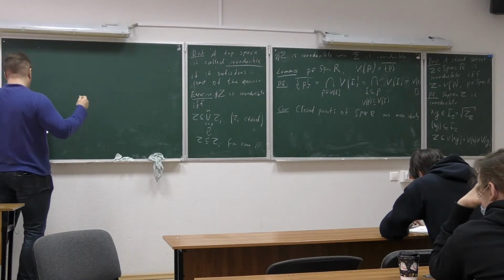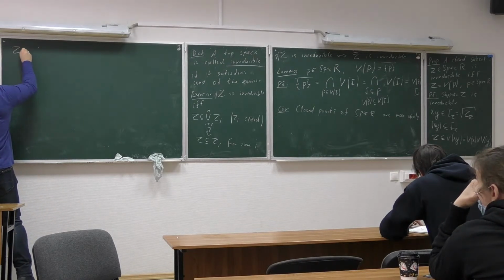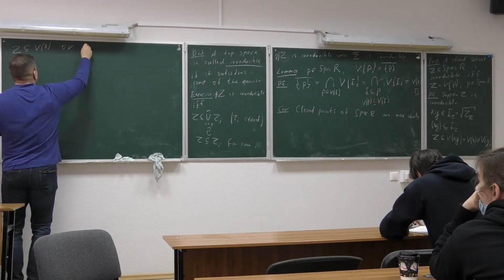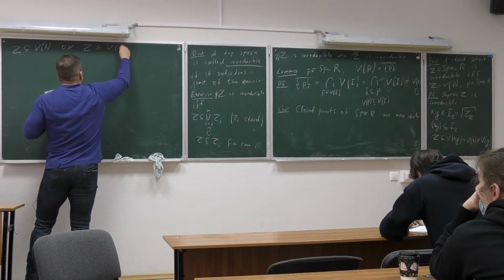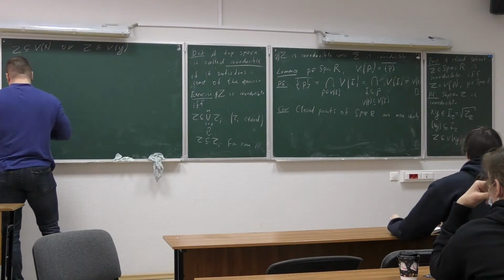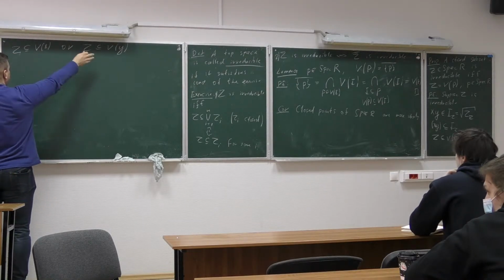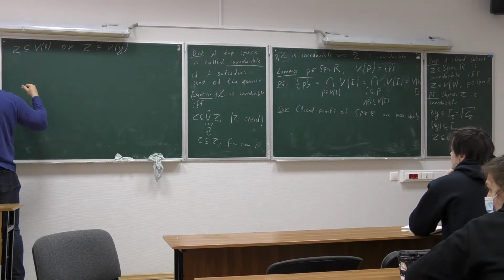So since Z is irreducible, we can conclude that Z is a subset in the V of x, or Z is a subset in the V of y. So for example, consider the first situation. For the second situation, it will be exactly the same argument.